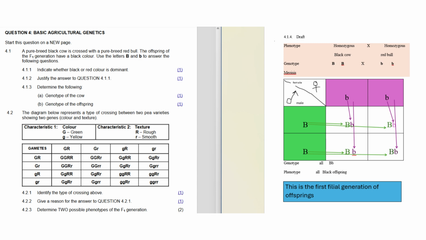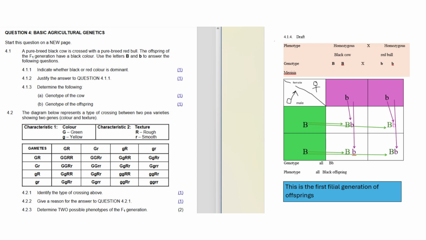This genotype we got because we know purebred means homozygous. Homozygous means the two alleles are identical. And here we know black was able to mask the recessive allele.